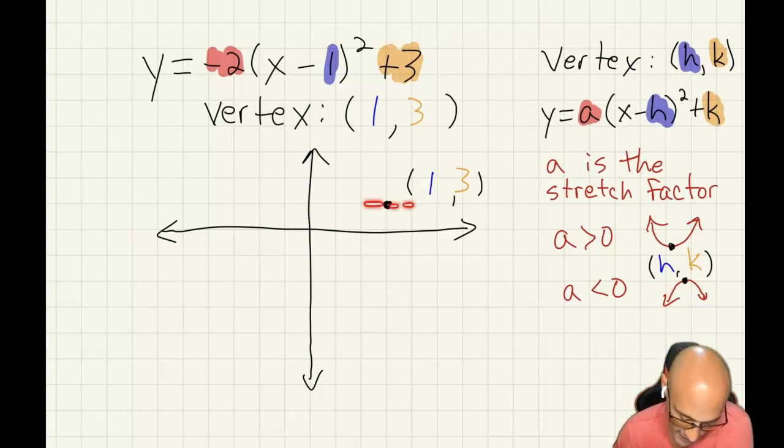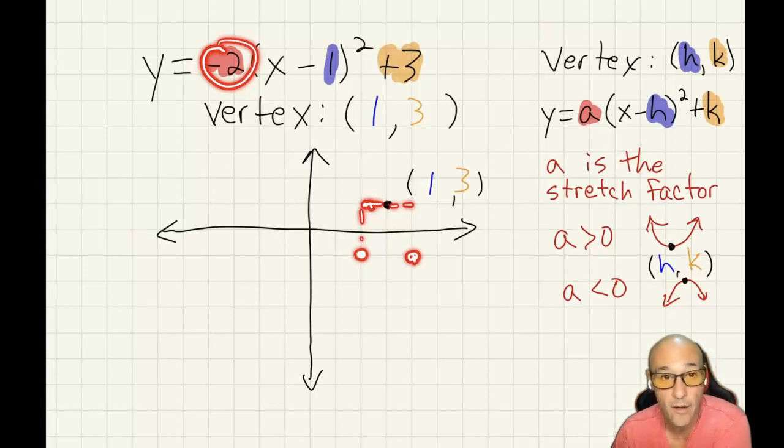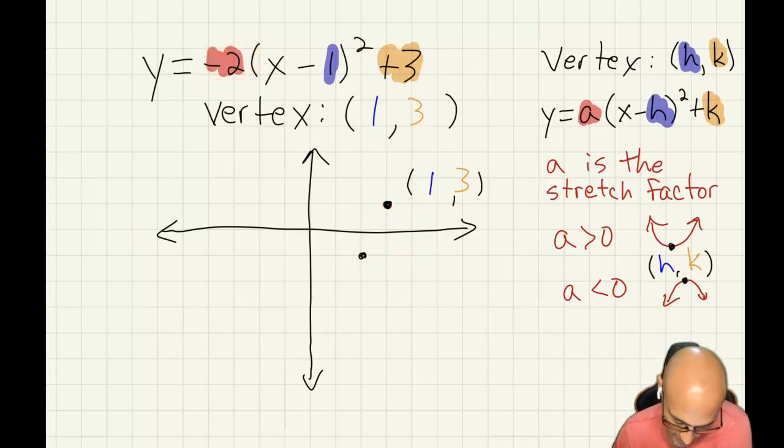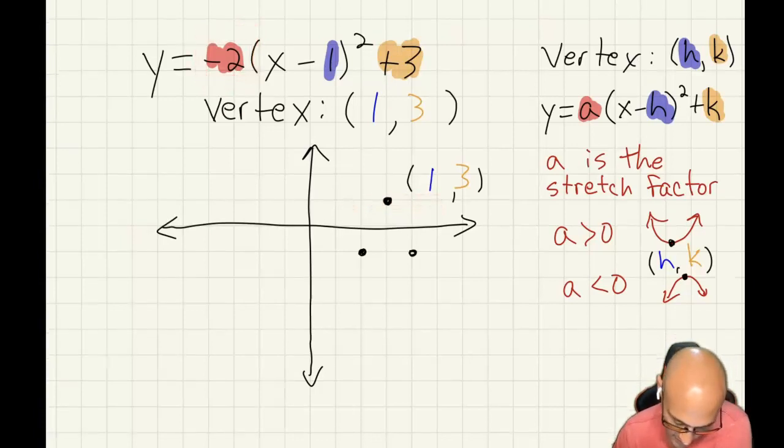When we move right and left 1 unit, we think 1 squared is 1 times negative 2 is negative 2, right there. So we do the 1 squared still, and then multiply the result by a. And then we do to the right and the left 2, and we do 2 squared is 4. 4 times negative 2 is negative 8.